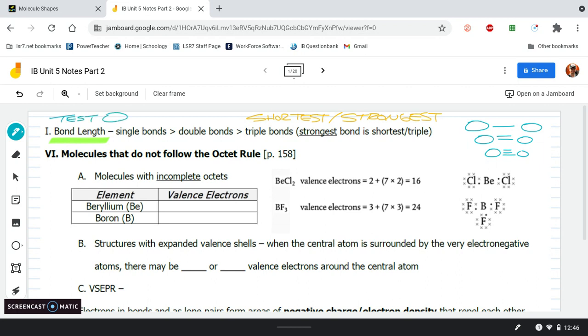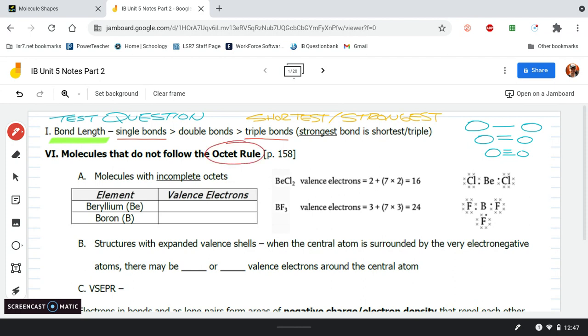This is normally a test question because it's really easy, multiple choice. The triple bond is the shortest, but also the strongest, where the single bond is going to be the longest, but also the weakest, which should make sense: it's easy to break a single bond, harder to break three.